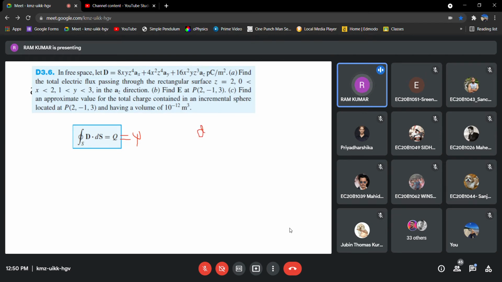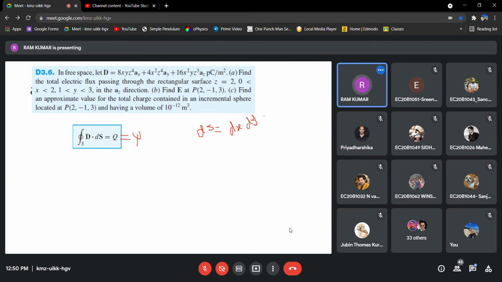In the vector system, I explained, no. dS is equal to dx dy, and what is the unit vector here? dz, sir? What? Z. Yeah, very good. They have simply given z is equal to a constant, and we have to find this along the z direction, right?